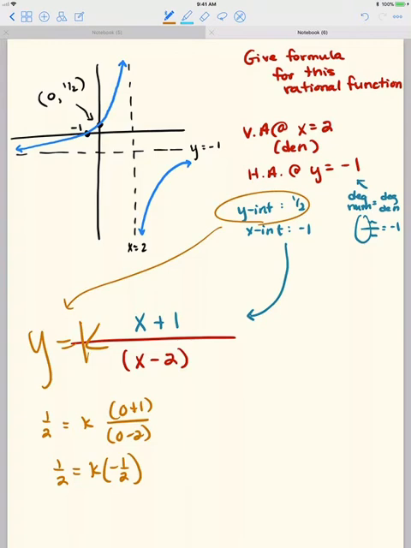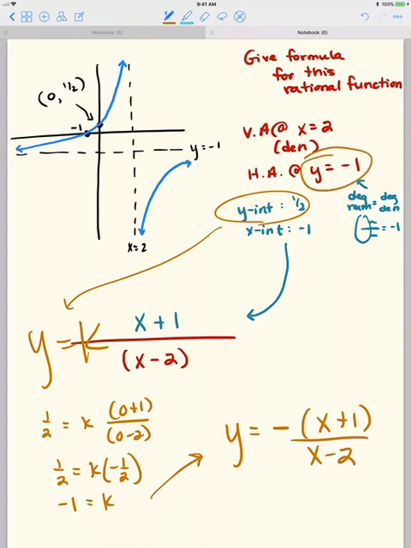Because if my y-intercept is +1/2, if I solve for k in this equation, dividing both sides by -1/2, I get k is -1. You're going to have a negative on your rational function, whether you put it out front or whether you put it in the numerator. It's going to have a negative on that function in order for the y-intercept to be correct.